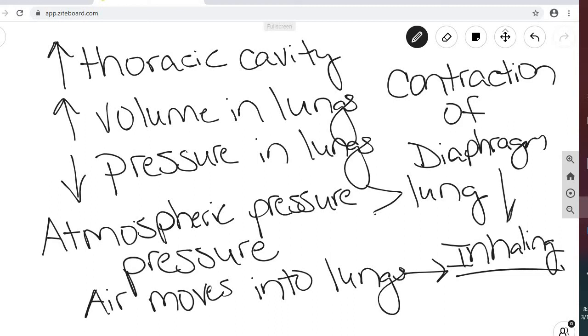So when you inhale, this is all set in motion by the contraction of the diaphragm. And then exhaling, where we saw the opposite, where you decrease the thoracic cavity, that all occurs just by the relaxation of the diaphragm and the external intercostal muscles.